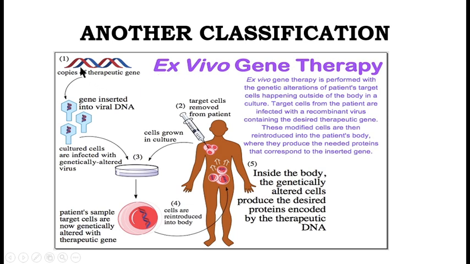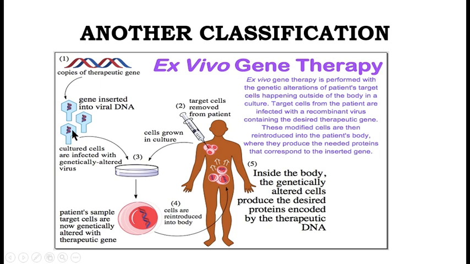You have copies of the therapeutic gene. You are going to insert those copies of the therapeutic gene into the viral vectors, and we will discuss that, as I've told you. And then you are going to take the target cells from the patient, and you are going to grow the viral vectors in these target cells in the lab.